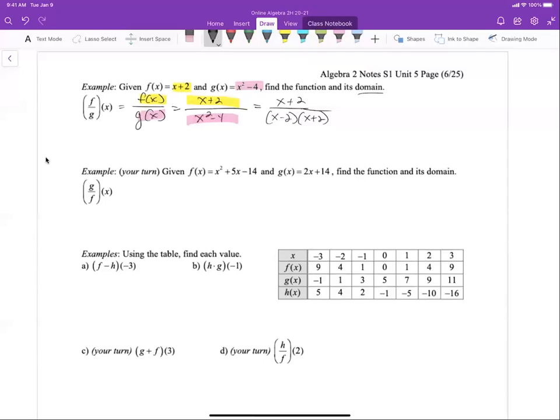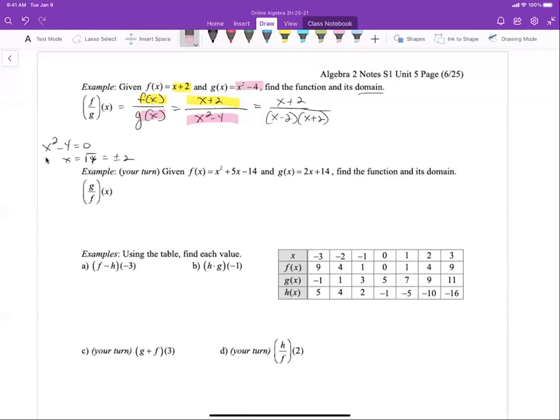Okay, I can take this item in pink, this x squared minus 4, and find the values of x. It's the square root of 4, which is equal to plus or minus 2. I could also just look at these after I've factored it, which is what you need to do in order to divide. And you should be able to quickly see that if you set those equal to 0, you find that x is equal to 2 and negative 2.